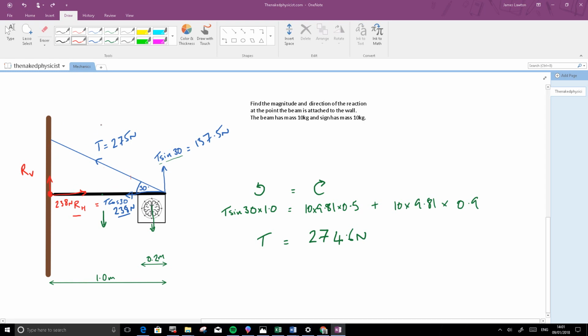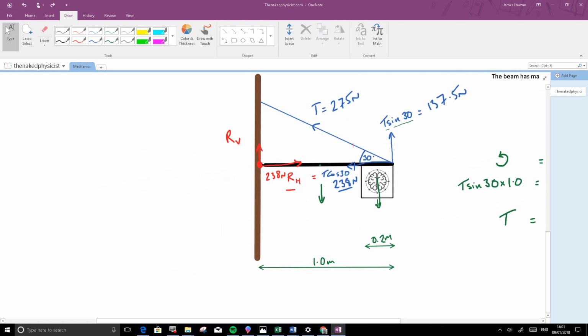But up and down, it's still not in equilibrium, and the reason for that is, what is the actual sum of these two weights. We know acting downwards, if we just pull this over to this side maybe, acting downwards all together on this beam, we have a force of, and I'll stick with red for this, 2 because there's a beam and the sign, and the weight is 10 times 9.81.